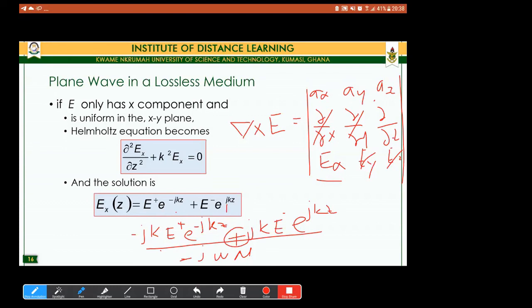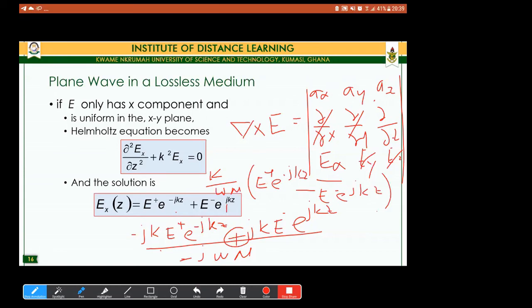If we factor out k, we're going to have k divided by omega mu, then in brackets you have E plus, e to the minus jkz. And this will be minus, because this minus will affect this one. And then we have E minus, e to the jkz. So that's what you have.